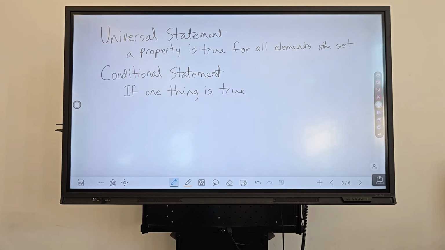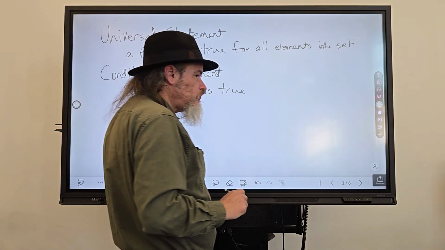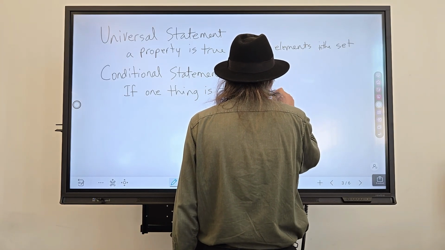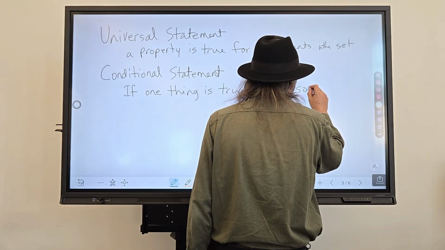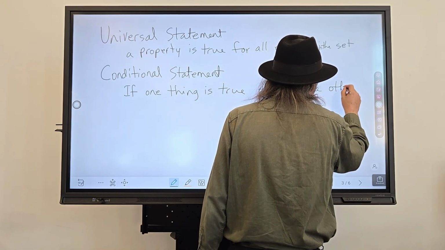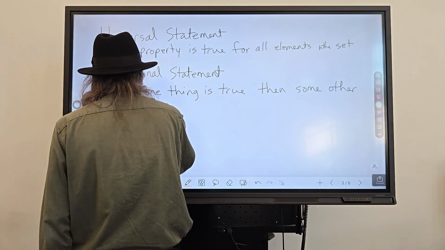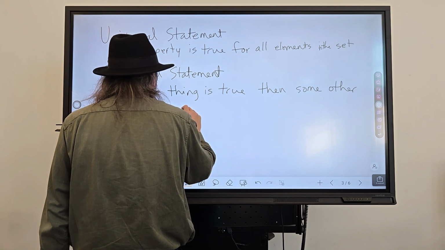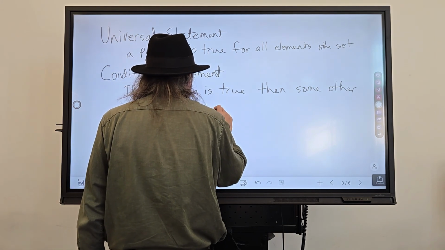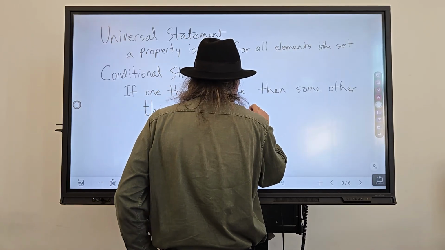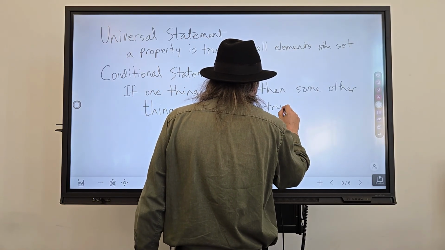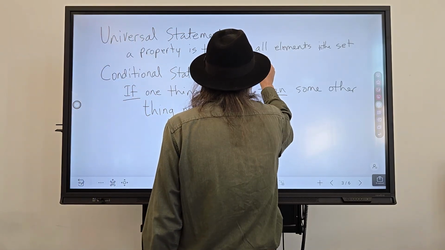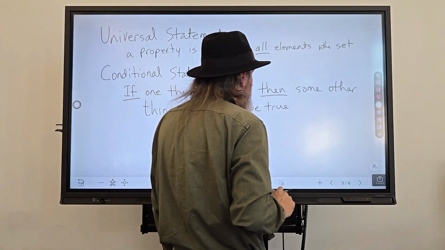All right. If one thing is true, then some other thing must be also true. So you have the if and then for the universal statement you have all.